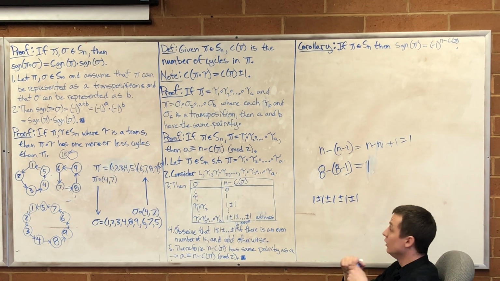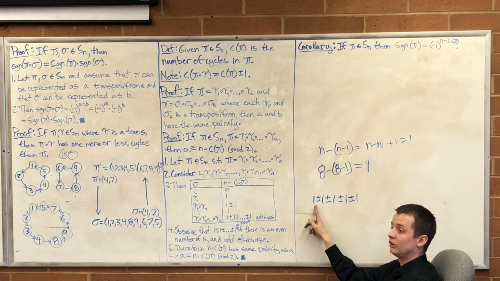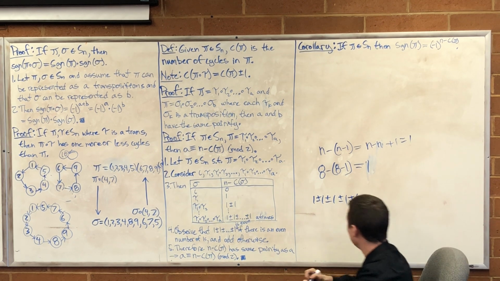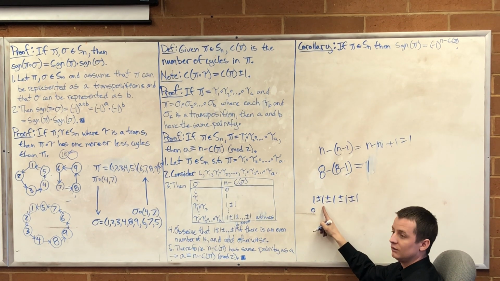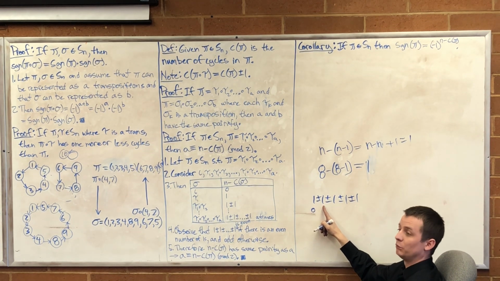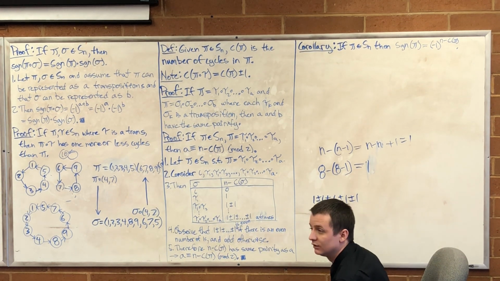Right? Hold on. Is 1 even or odd? Odd. So right here we're odd. If I add 1 to 1, what do I get? You get 2, which is even. If I subtract 1 from 1, what do I get? 0, which is even. So then I've got an even.